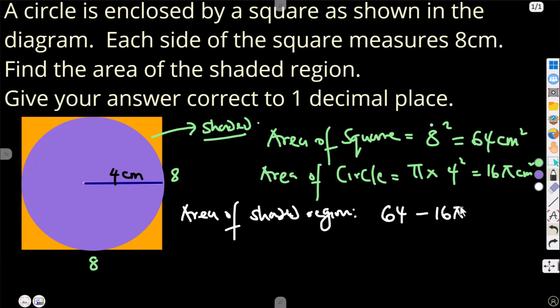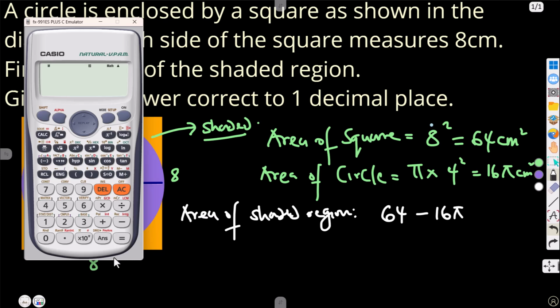Now I would love to simplify this, because it's going to be a lot easier if I have to subtract this to get my answer to one decimal place. So I'm going to do 64 take away 16 pi, and of course if I put on my calculator, I can see my answer right on the screen is 13.73, but to one decimal place that will be 13.7.